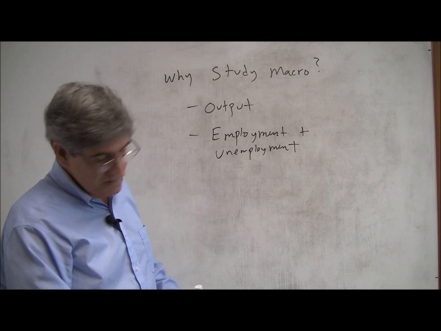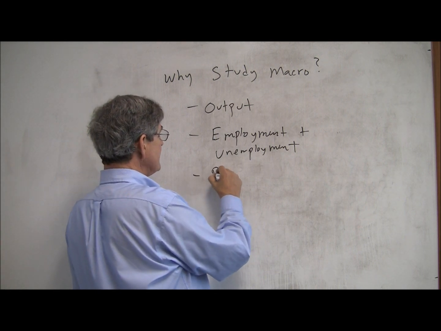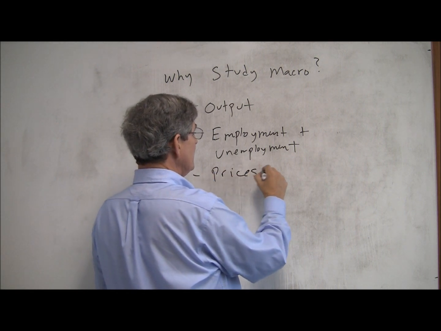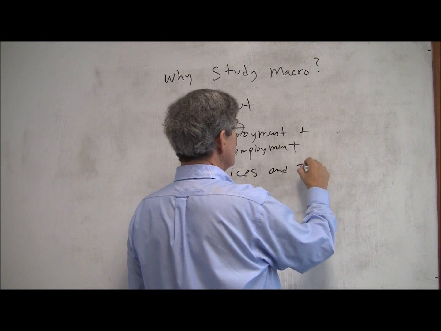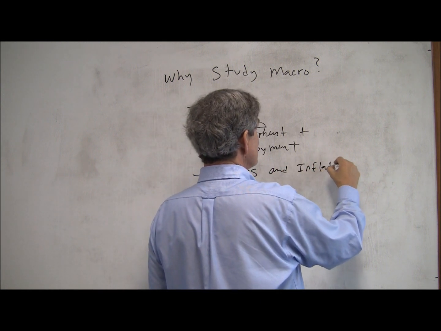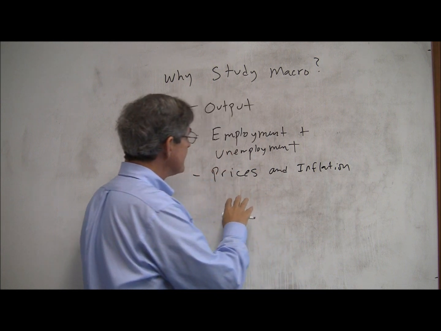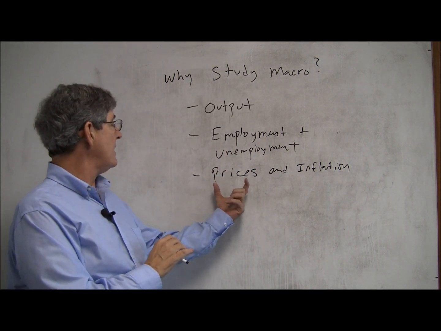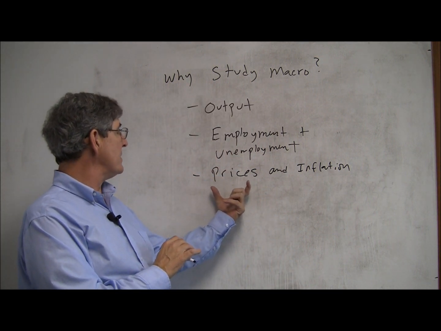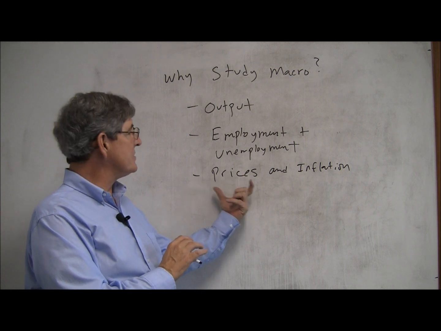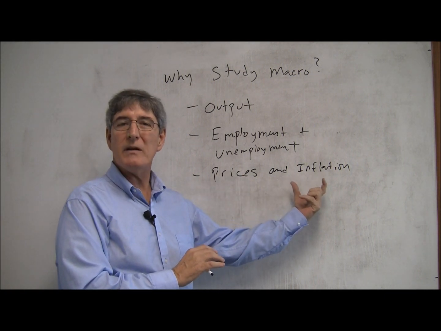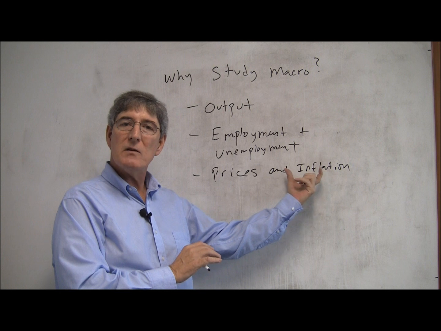Those sorts of questions. Prices and inflation are another thing we can use a macroeconomic model to understand. So what determines prices? How do aggregate demand and aggregate supply interact to determine the price level? How are prices determined? And how is inflation determined? And how can we use policy to affect inflation?